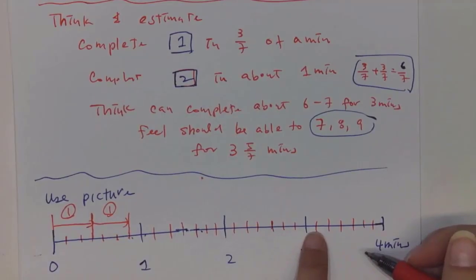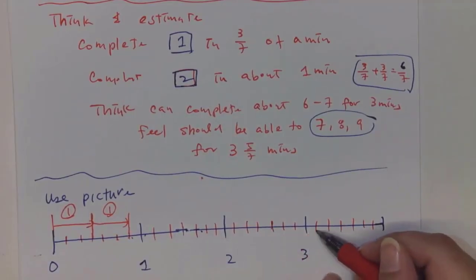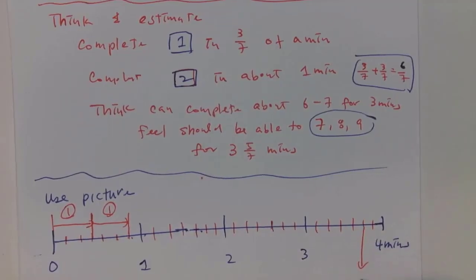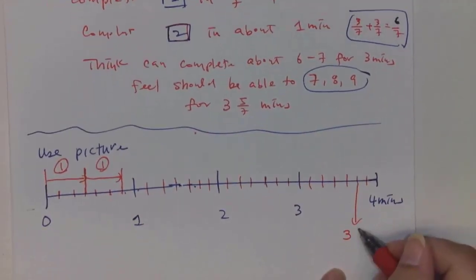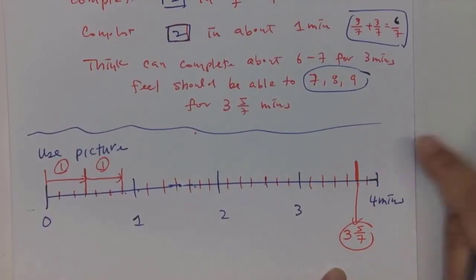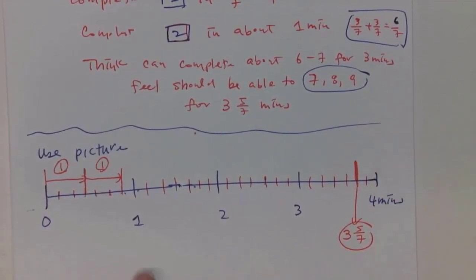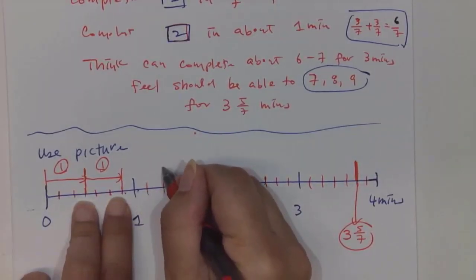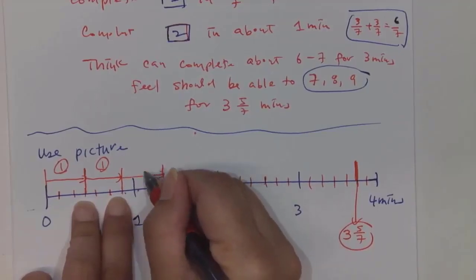So you should locate where it's 3 and 5/7. 3 is 1, 2, 3, 4, 5 here, right? So here is my 3 and 5/7. I have to not go beyond here, right? But each one of these will take 3/7 of a minute. Are we okay?